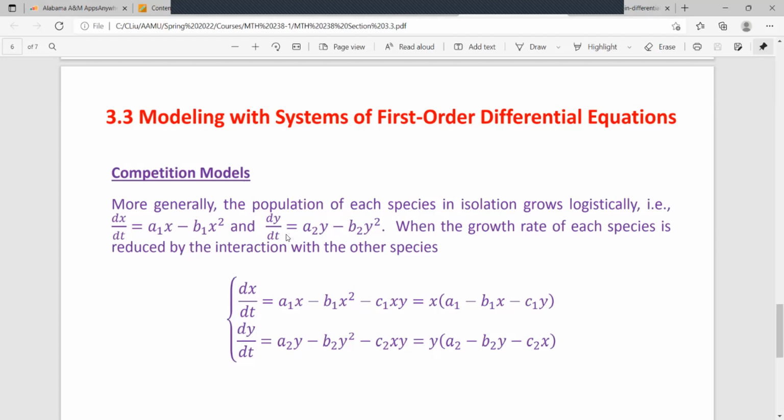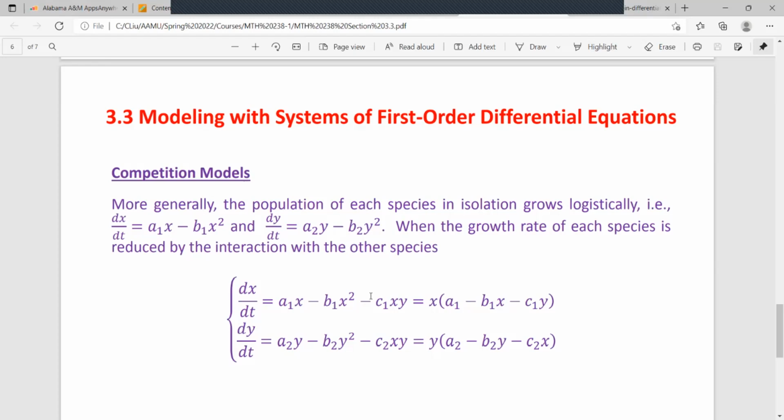That means even if there is only one species in this system, the population will change according to this logistic model. But when the growth rate of each species is reduced by the interaction with the other species, they have competition, they fight. So that will cause the reduction or death of both species.